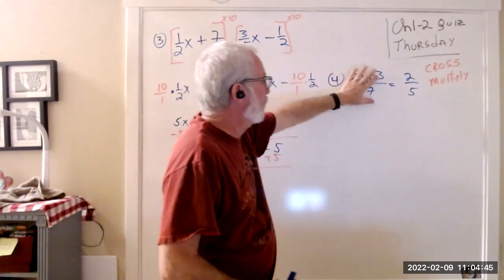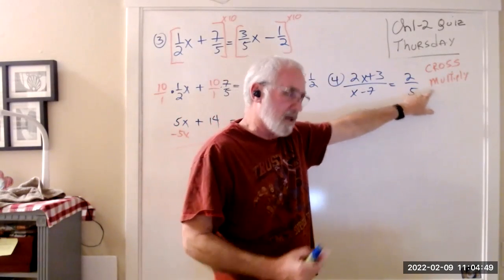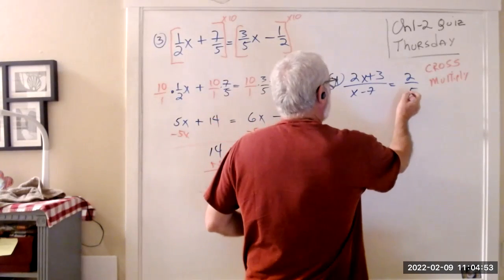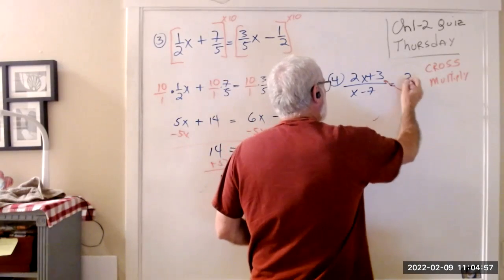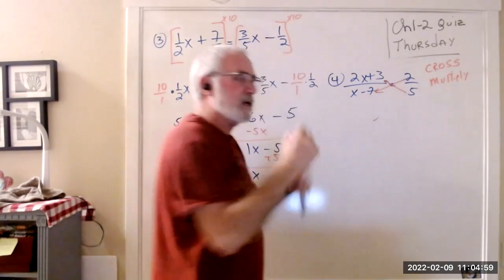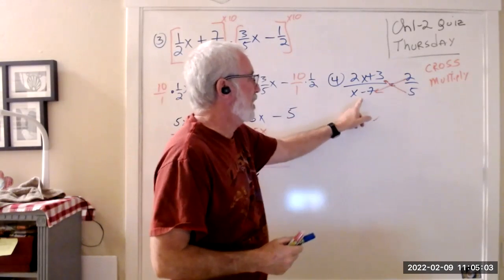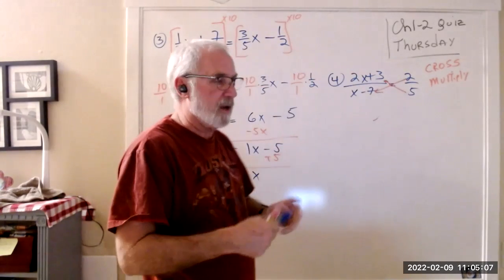But when it's one fraction equaling one fraction, you can use the cross multiply technique. And what that says is you multiply 5 times this, and 2 times this.